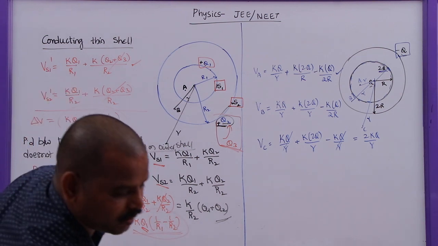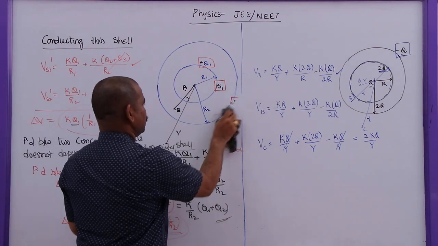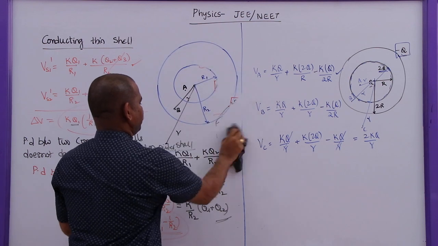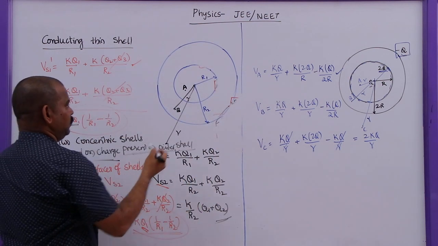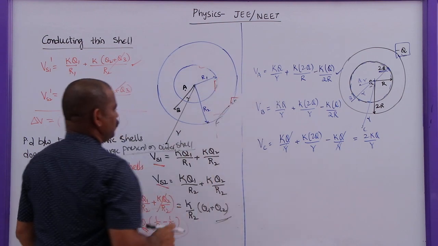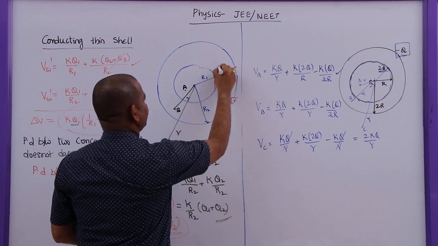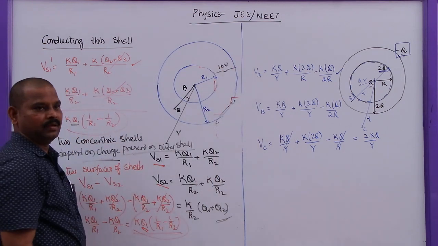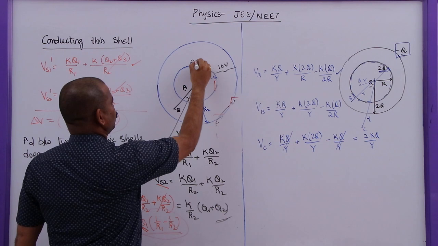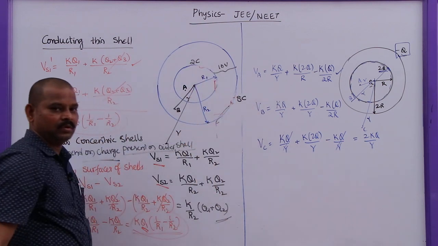Now let me give one problem here. The potential difference between these two is given in the problem as 10 volts. The charge on this one is 2 coulombs and the charge on this one is 8 coulombs.